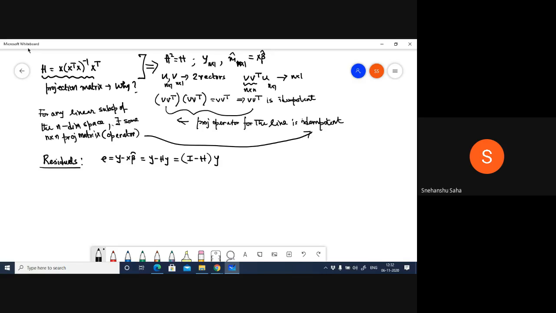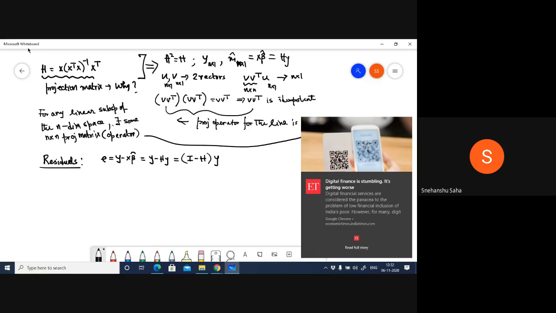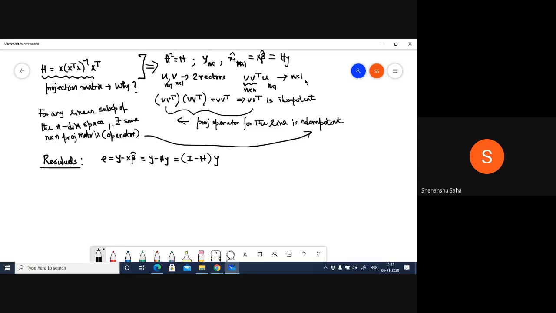Hy is nothing but X beta, because we know that m hat, which is X beta, is nothing but Hy. So in the context of the problem that I'm trying to solve, this I minus H is my influence matrix.